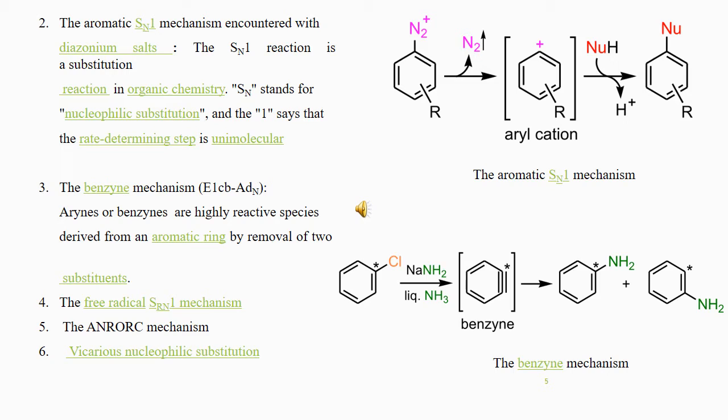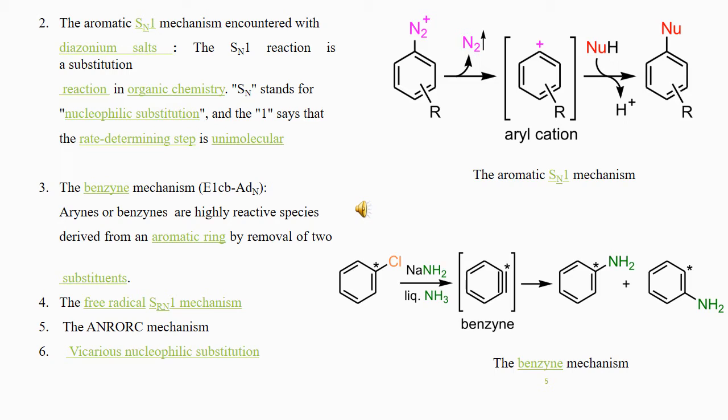So if only one molecule is responsible for the rate determination of the reaction, then of course there is a two-step reaction. In the next step, nucleophile is coming and attacking. In the first step, that is rate determining, only the leaving group departs. So in SN1 mechanism, there is a speciality of aromatic SN1 mechanism that is encountered with diazonium salts.